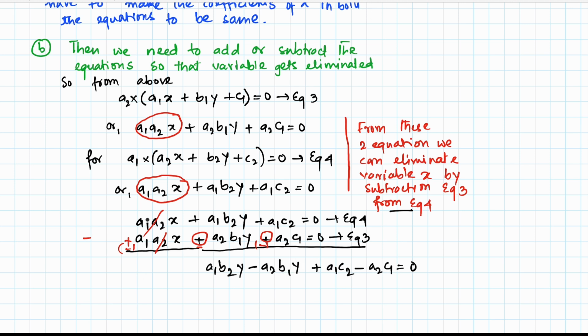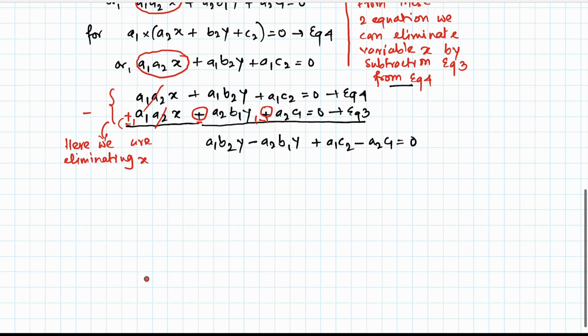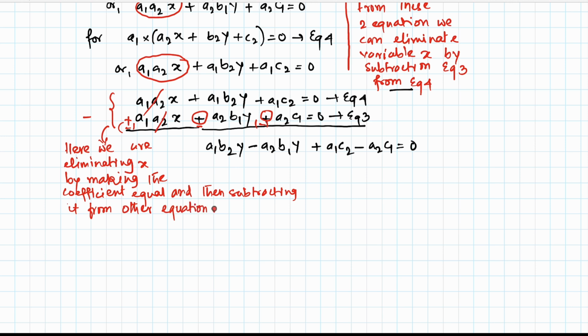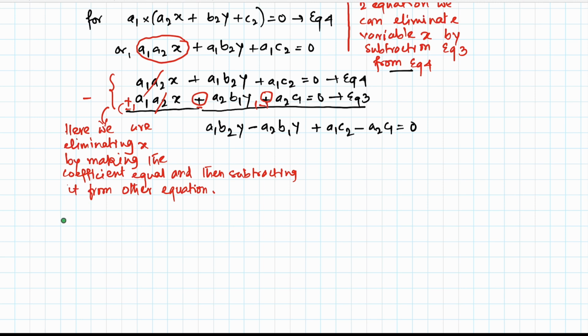This helps us to solve for the other variable when we eliminate one variable from the equation. So here we are eliminating x by making the coefficients equal and then subtracting the equations. This is simple. By this way we eliminate x and are left with a single variable, that is y.